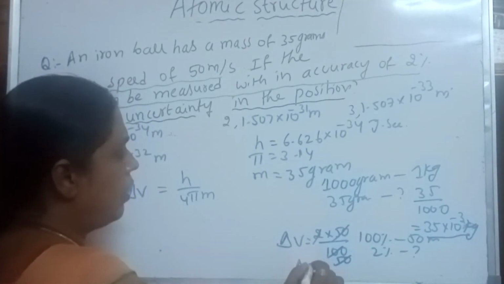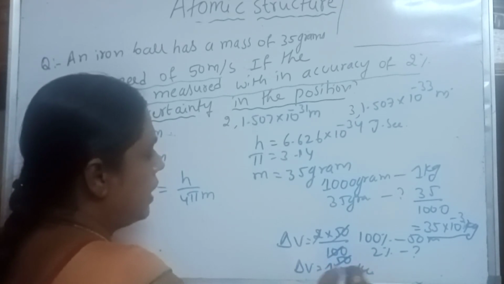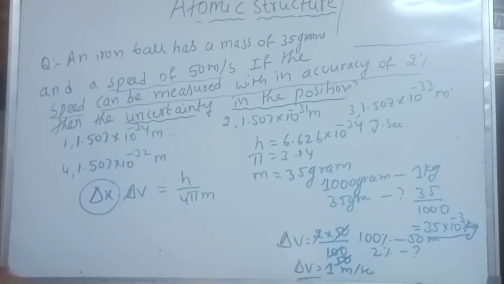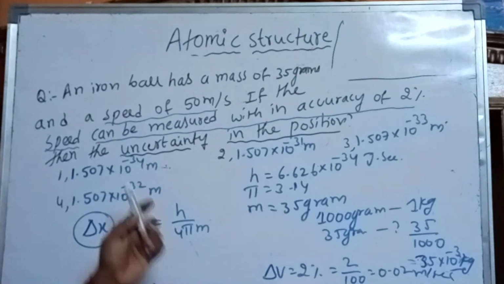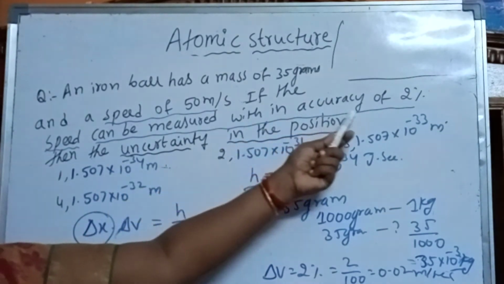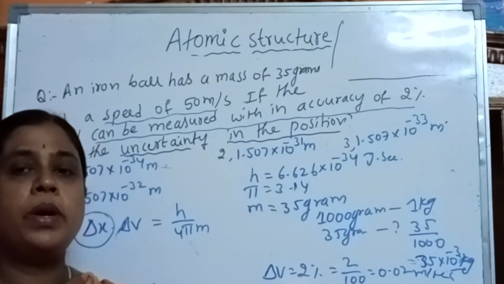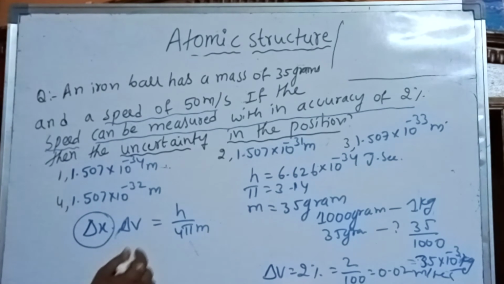Delta v, the uncertainty in speed, is 1 meter per second.